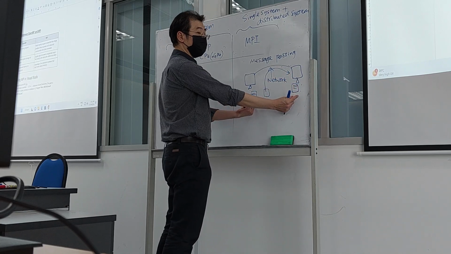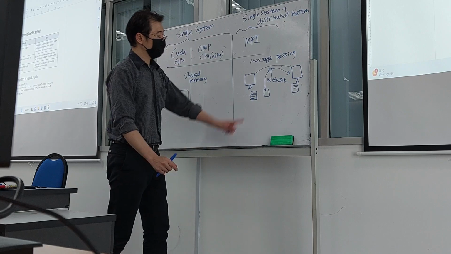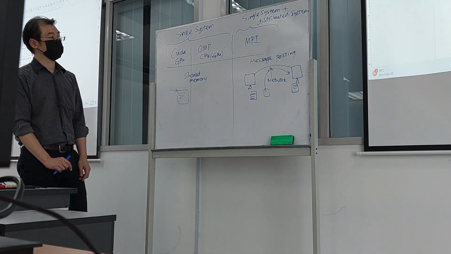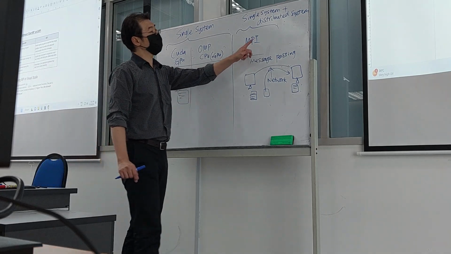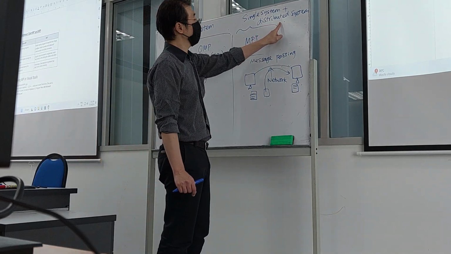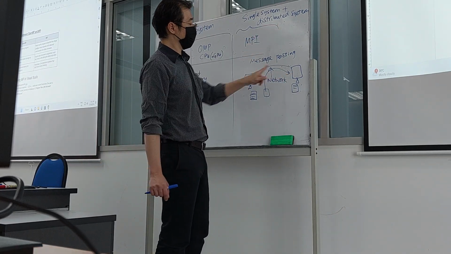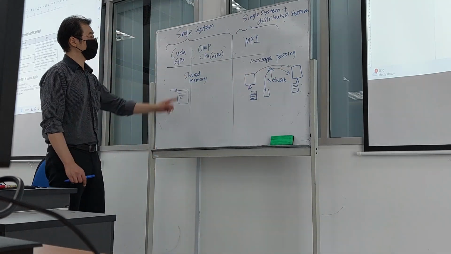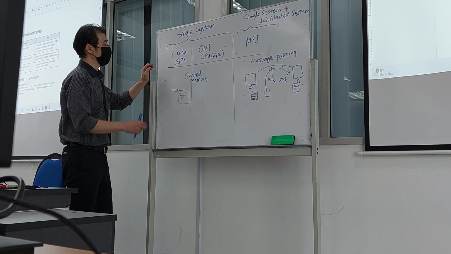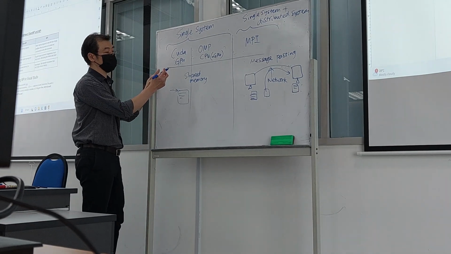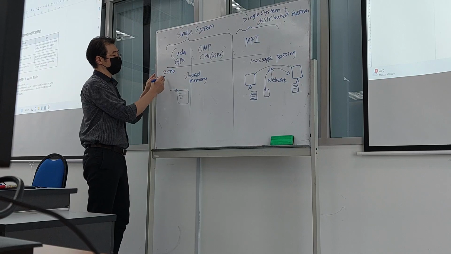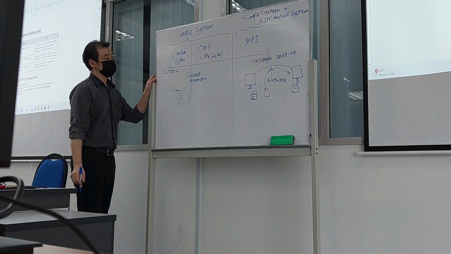So you have two copies here. And this passing can be very slow, so that is a disadvantage. But because it's a distributed system, you can let multiple computers join and solve the problem. Here it depends on how many GPUs you have. Let's say, for example, our NVIDIA GPU has maybe up to 2,000 cores, maybe less than 2,000 cores.